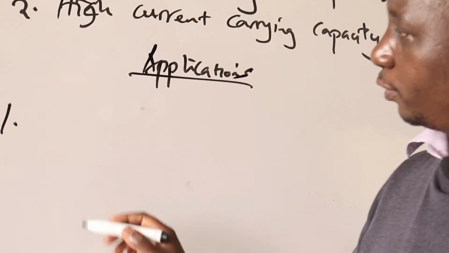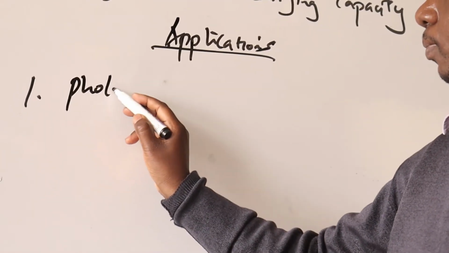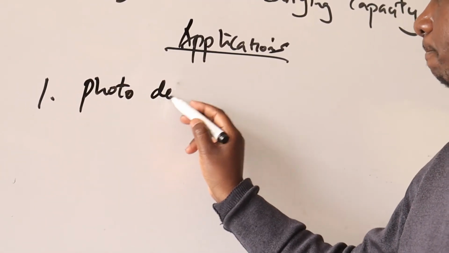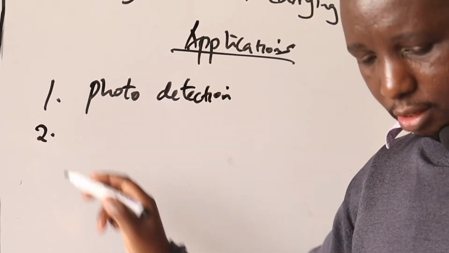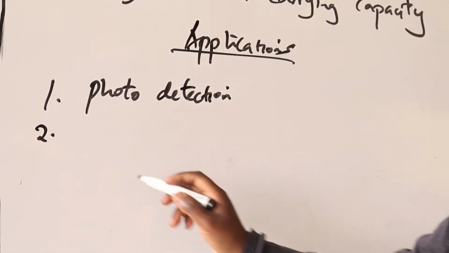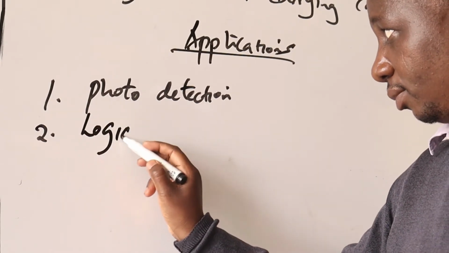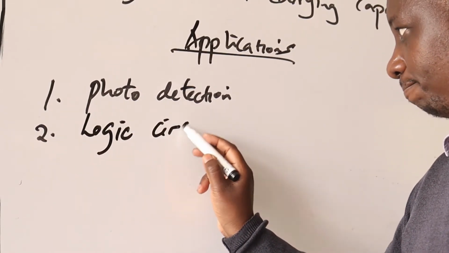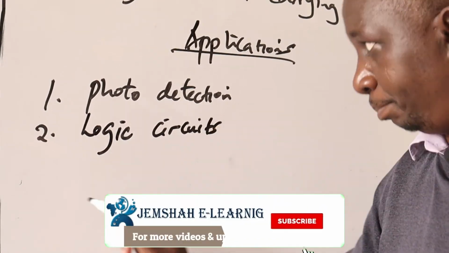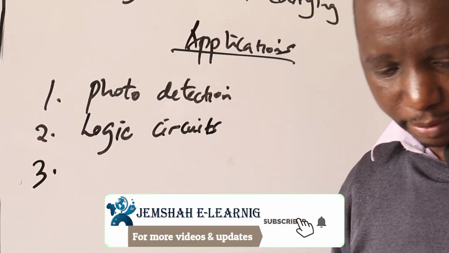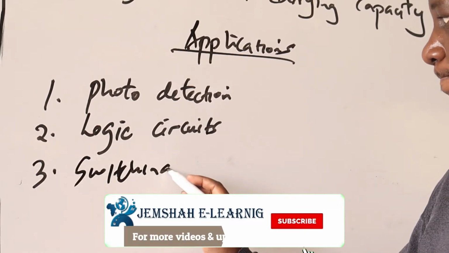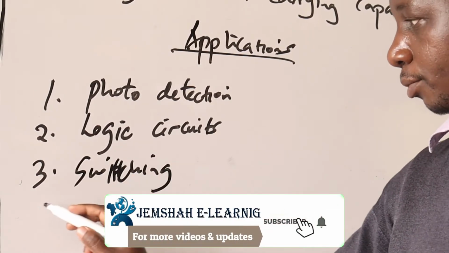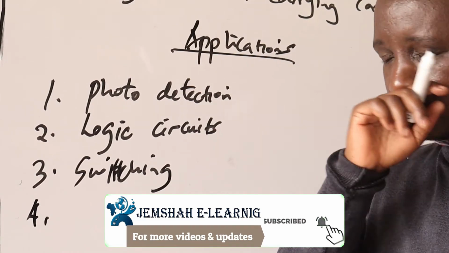Then we go to the applications now. Number one is photo detection. Number two is logic circuits. Number three is switching. Number four is optical communication.